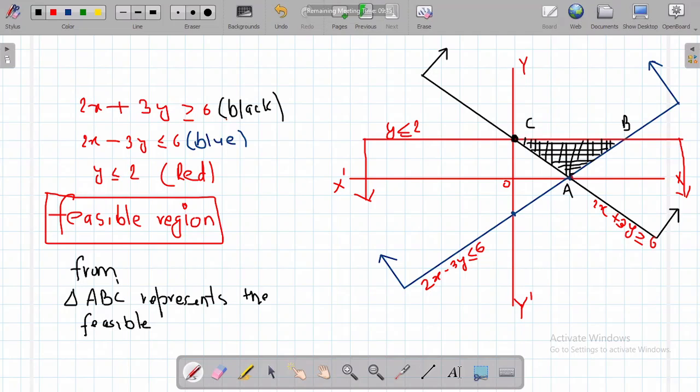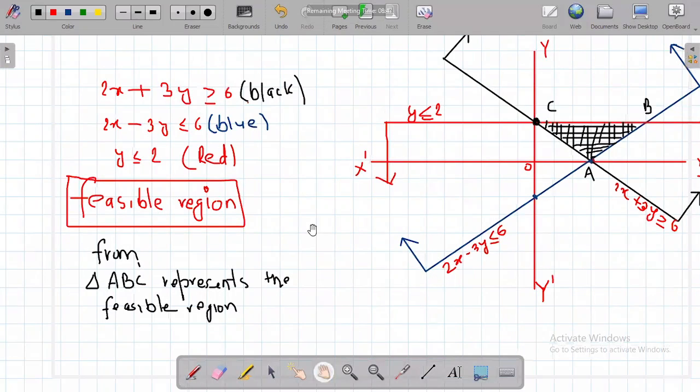Okay, from the graph, triangle ABC represents the feasible region. So now you can easily find the coordinates of A, B, and C also.